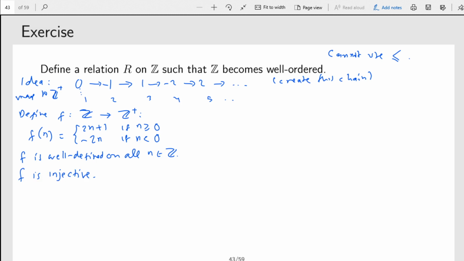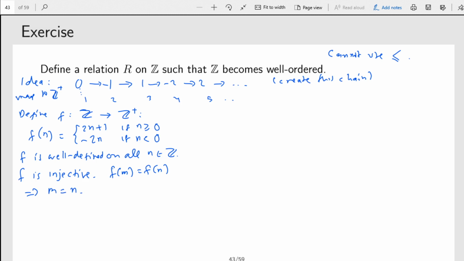You could see that f is injective because if f(m) is equal to f(n), then you would have that m is equal to n. You could check this, right?